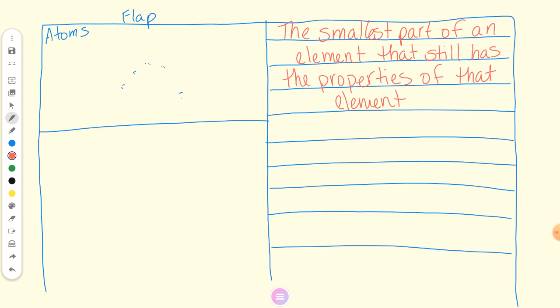Do you already have that all written down, Dom? Okay, then just sit quietly. Now, what we're going to add on the flap, so have the flap open. The front side should say atoms. The back side should be blank. If I have my flap open like this, I want you to draw a little circle in the middle.